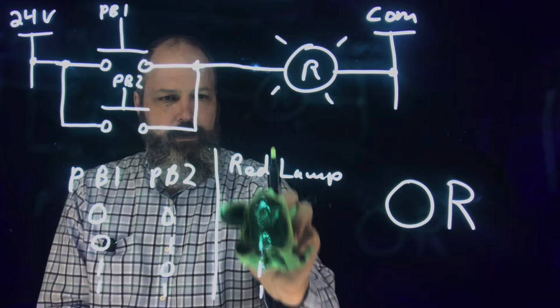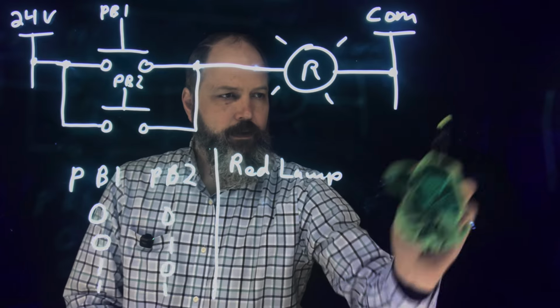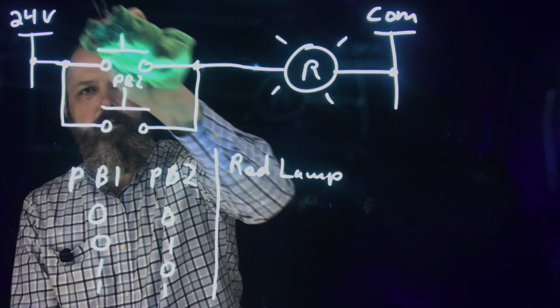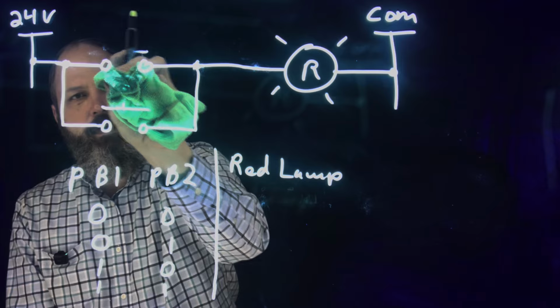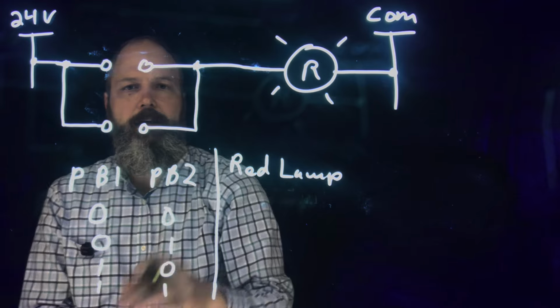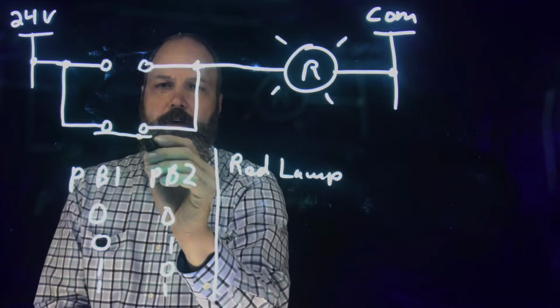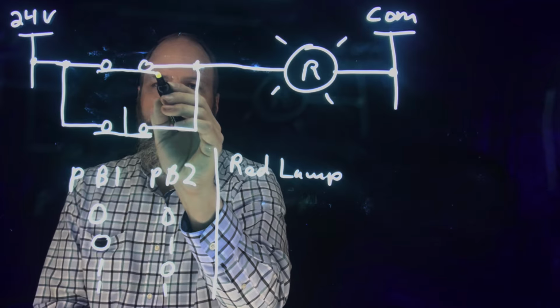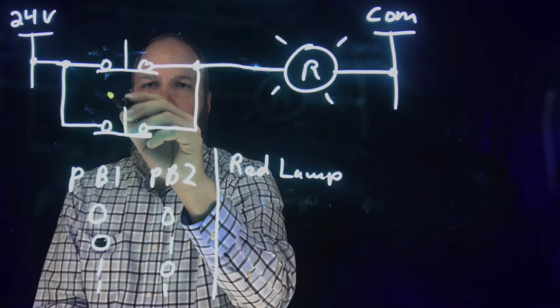I think I'll keep my truth table here and just change the logic. Here, we will use normally closed switches and see how that impacts our circuit. You draw these directly under. Remember, it's kind of like a spring is holding this up.